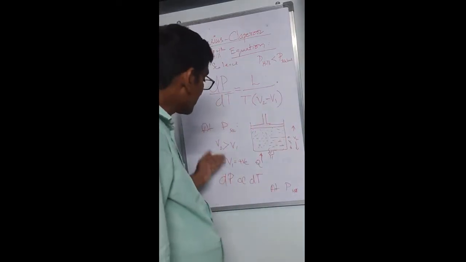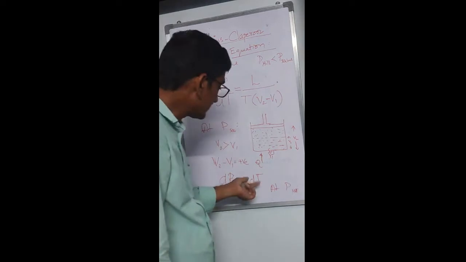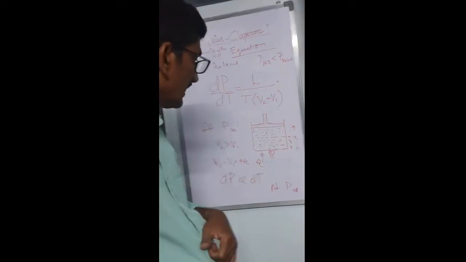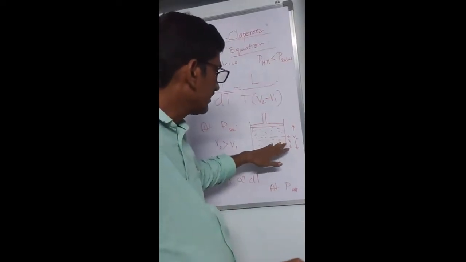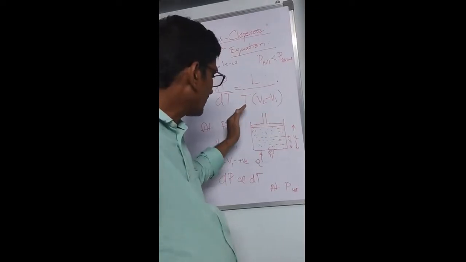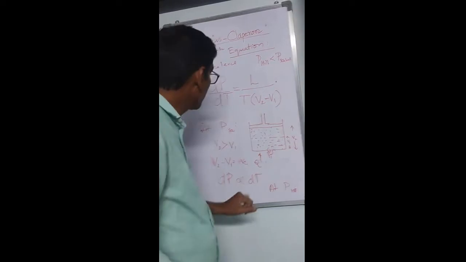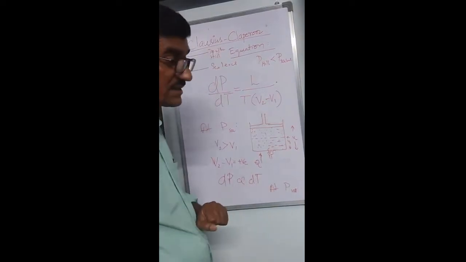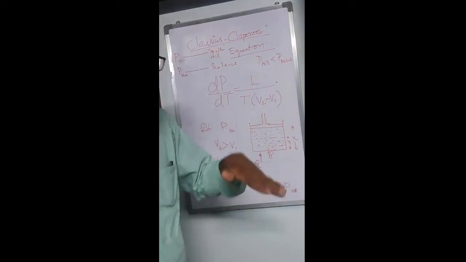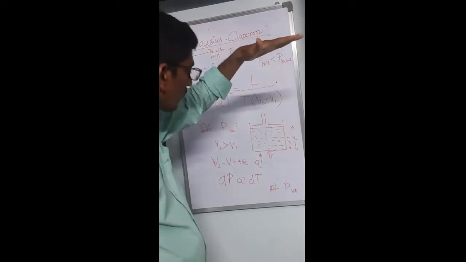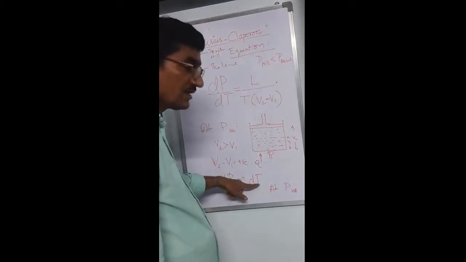See what happens as the pressure decreases now. dT also. Here what you are doing, you are trying to boil the water. Here this T refers to the boiling point. So what you can conclude here is, as you are going from ground to the top of the hill, what is happening to this T?